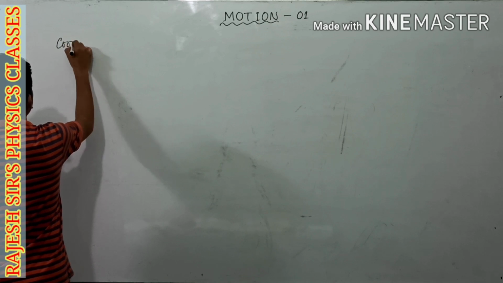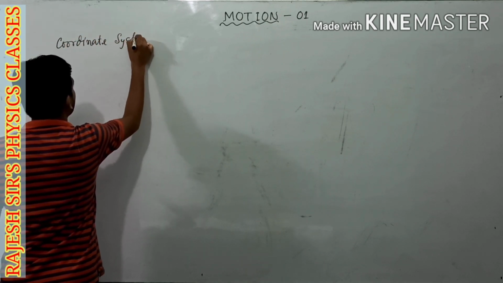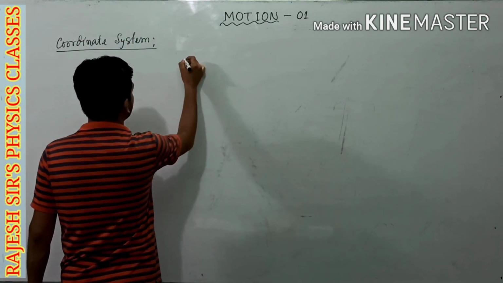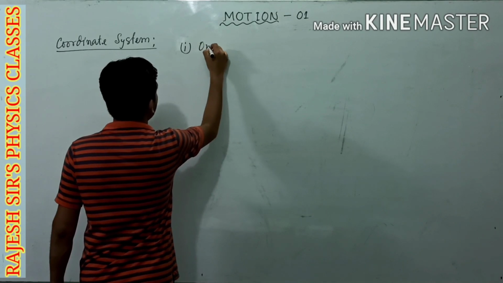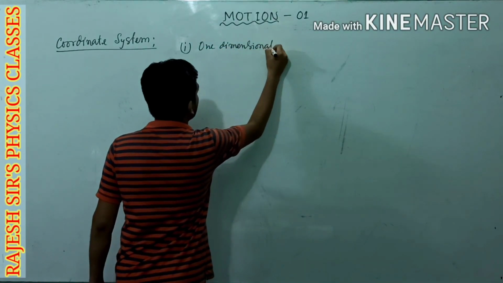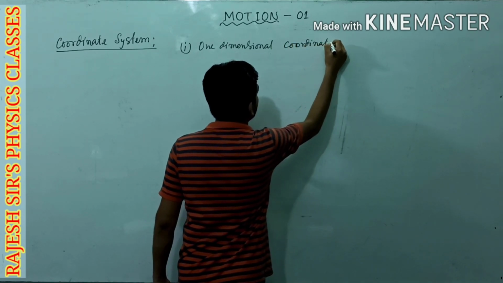Now we are going to talk about coordinate system. Actually, there are three types of coordinate system. First one is one dimensional coordinate system.